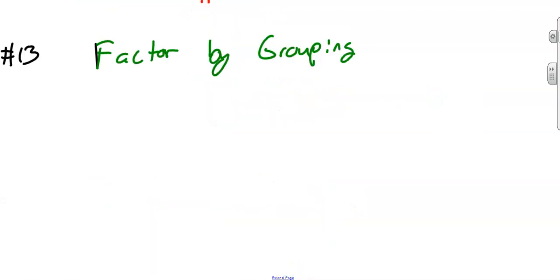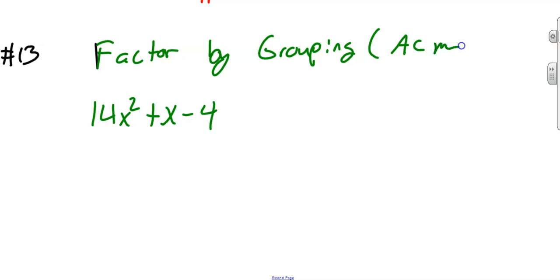But instead of just giving you a number to do, they go ahead and kind of make you do it. It says factor by grouping, but then they tell you to do the AC method, which really means you're doing the AC method. You're going to do the AC method first, but then they want you to use factor by grouping to go from there.